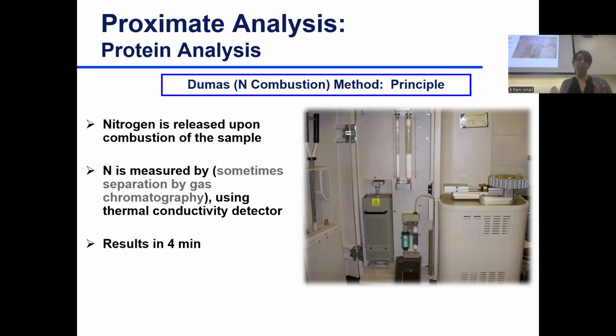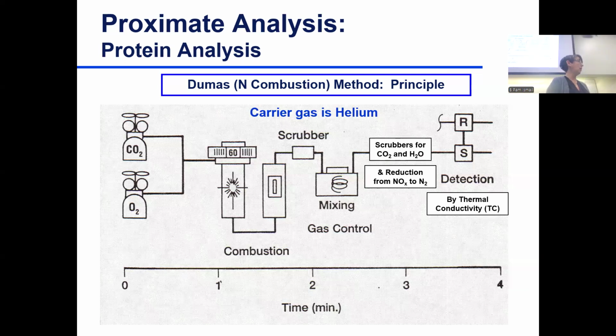We only have scrubbers. That's why this is grayed out for you. We have scrubbers that scrub off other gases, and then only nitrogen gas reaches the detector, and you measure change in conductivity with helium as a carrier gas. So our gas is helium. You can use different gases, but our gas is helium.